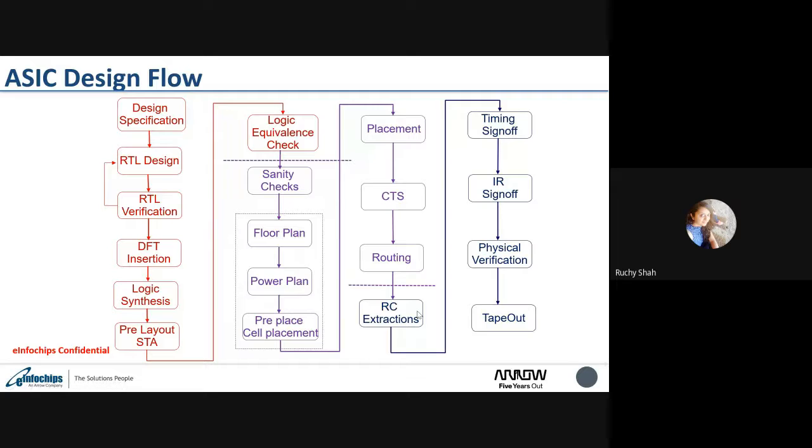We know that every wire drawn on the chip has some resistance and capacitance, so we have to consider that resistance and capacitance. We call these the RC extraction steps. Taking care of the RC extraction, we do the timing sign-off, then IR sign-off, then physical verification, and finally we tape out. Tape out means we send our GDS to the foundry.